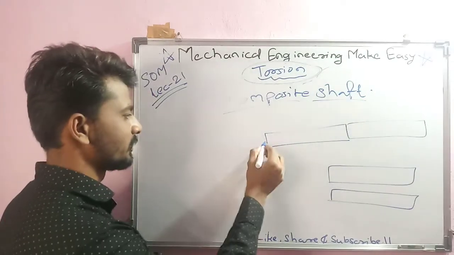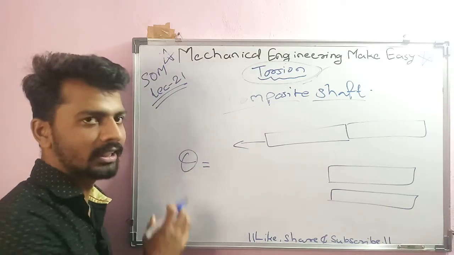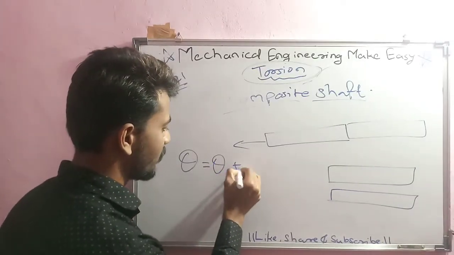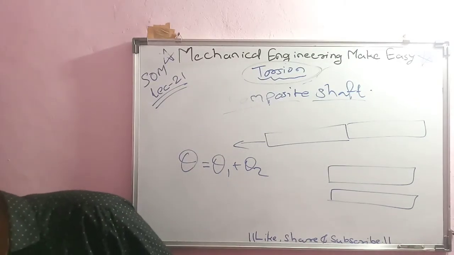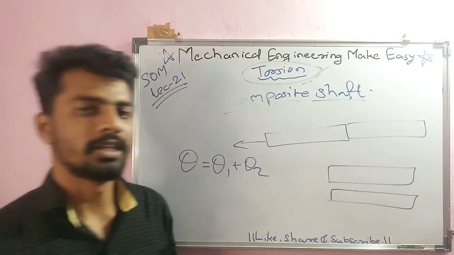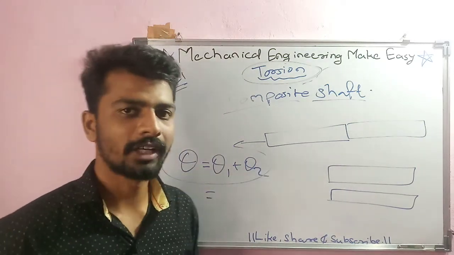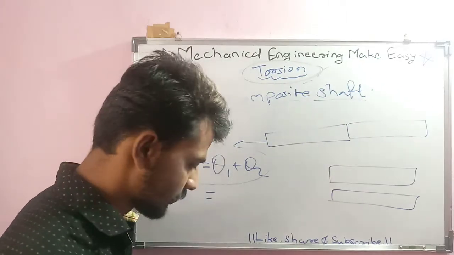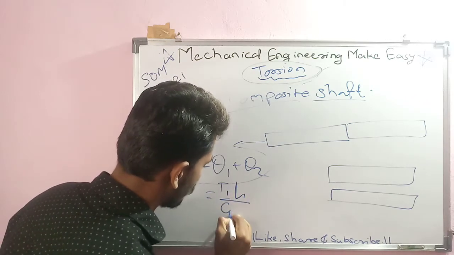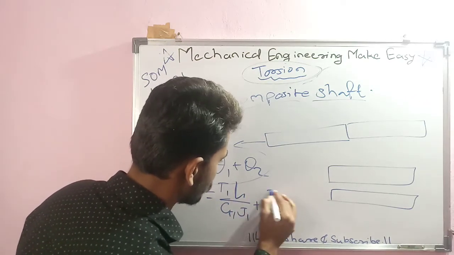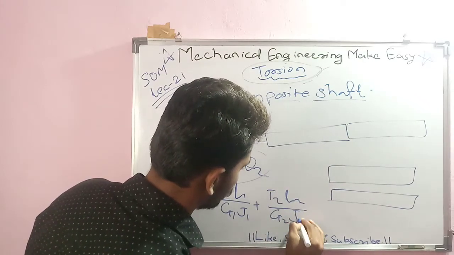If shafts are in series, then what happens? The twisting angle, which is theta, will be added. That is theta 1 plus theta 2. We can calculate theta 1 and theta 2 again from the torsional formula, which is T1 L1 upon G1 J1 plus T2 L2 upon G2 J2.